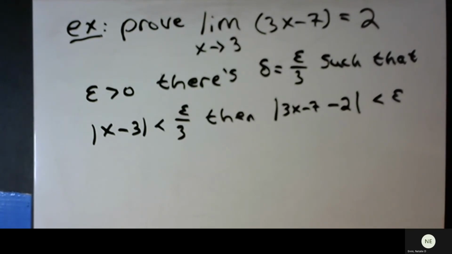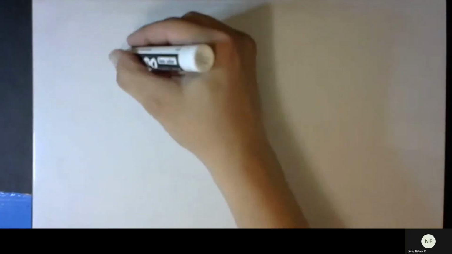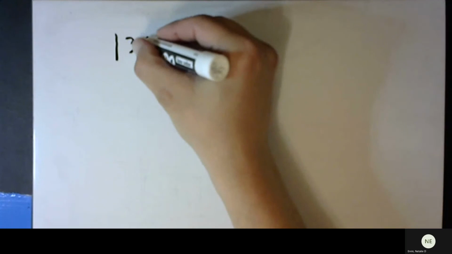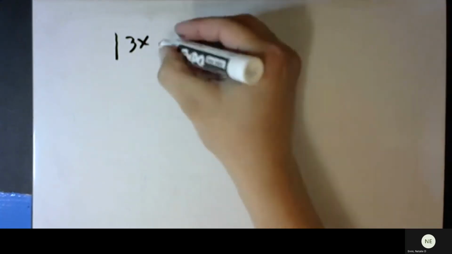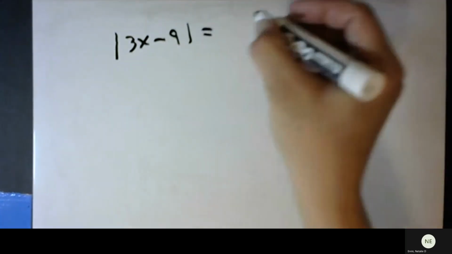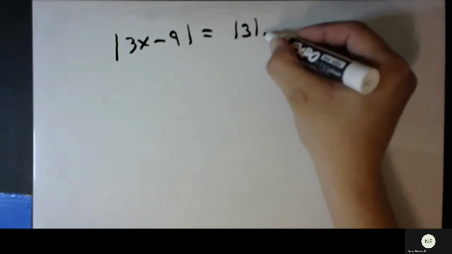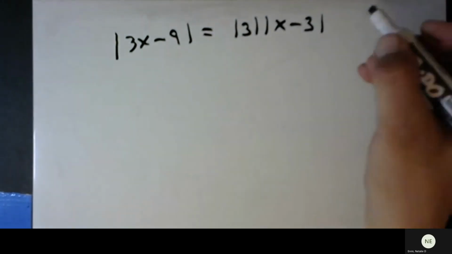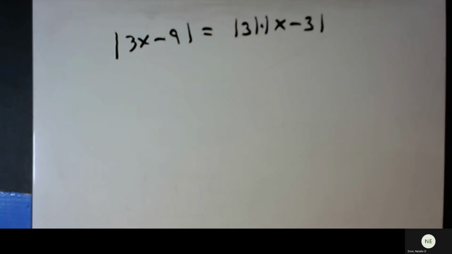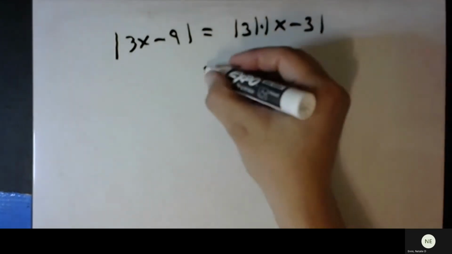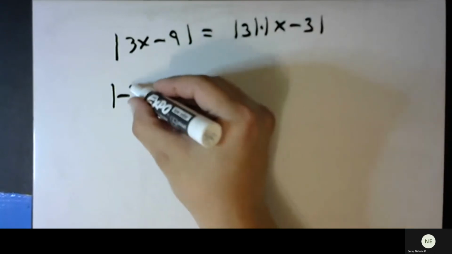Questions about that? Oh, right. Oh, and just to mention that if we had 3x plus or minus 9, that was the absolute value of 3 times x minus, or the absolute value of x minus 3. So you can factor that out. And you could do the same thing if you had like a negative.